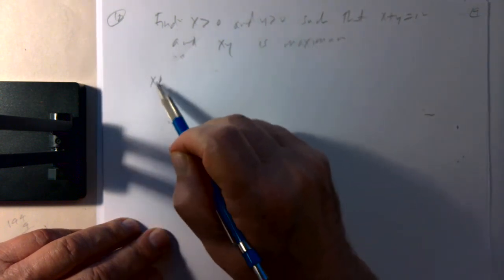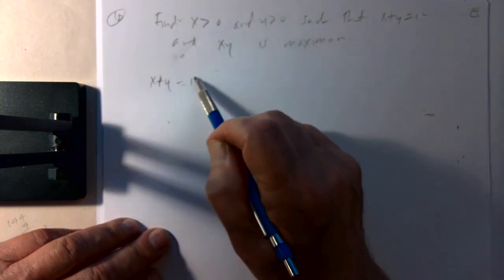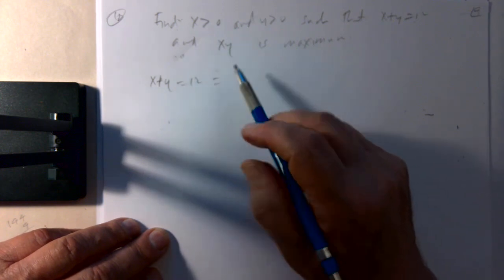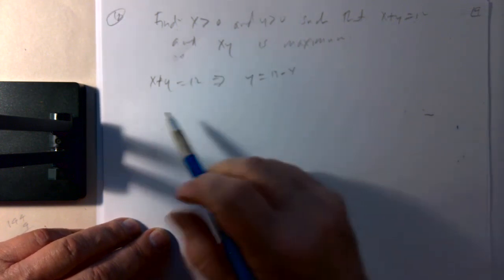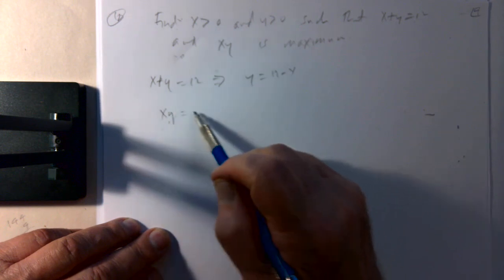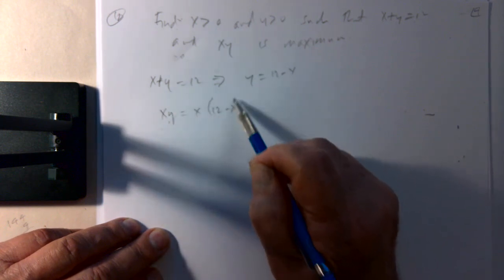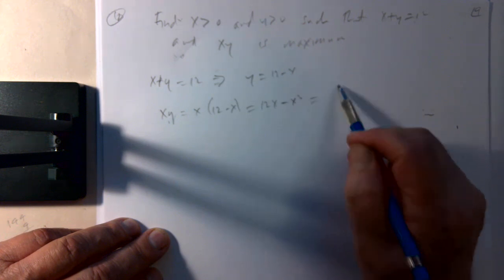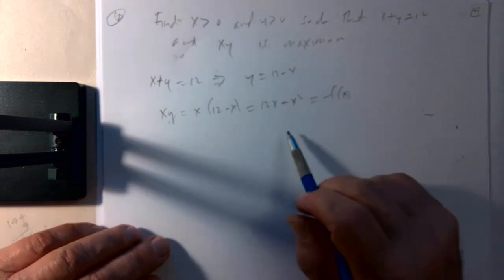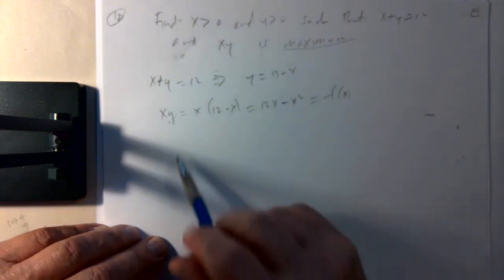So if x plus y is 12, that means for any x, y is 12 minus x. So xy is x times 12 minus x. That's 12x minus x squared. This is some function of x which we want to maximize.